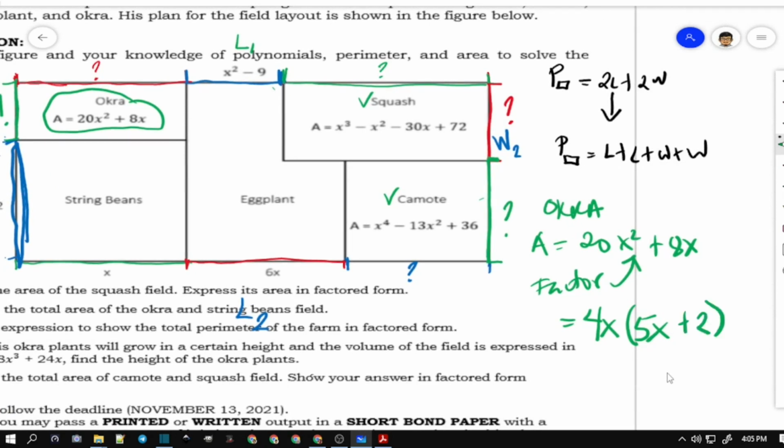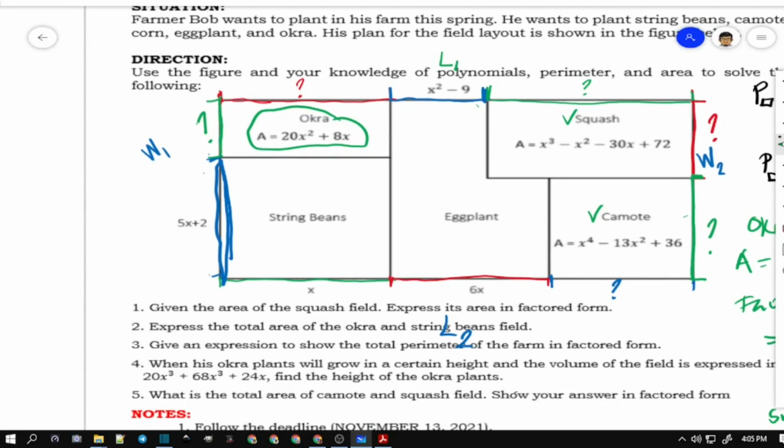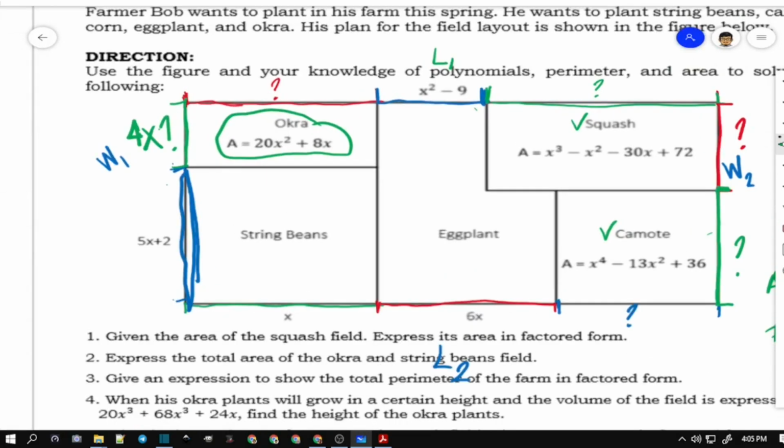So, that means 4x is the smaller side. This is the smaller side. And 5x plus 2 is the larger side. Again, 4x is the smaller side. 5x plus 2 is the larger side. So, ibig sabihin, this is 4x. And this is 5x plus 2.